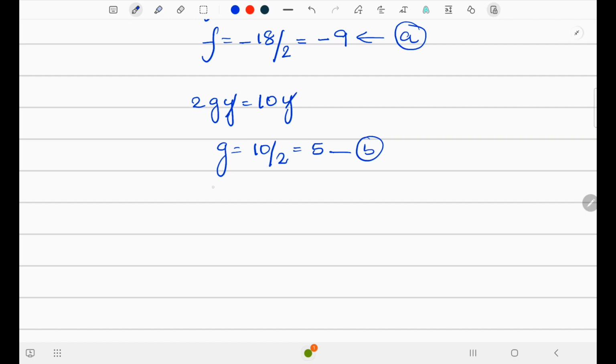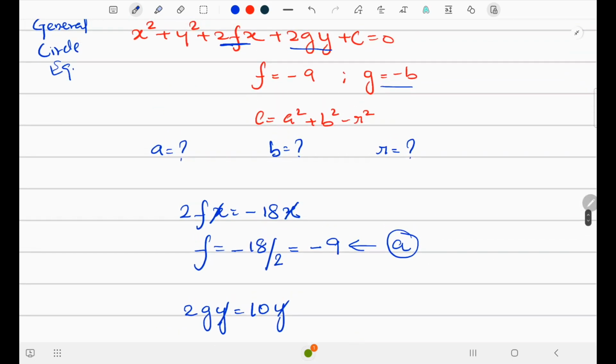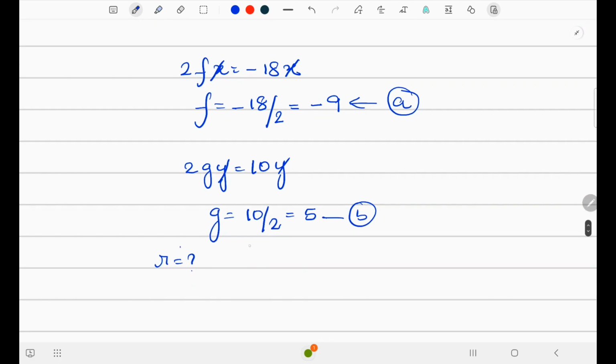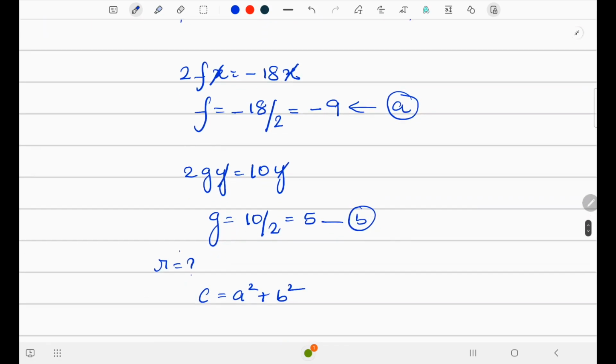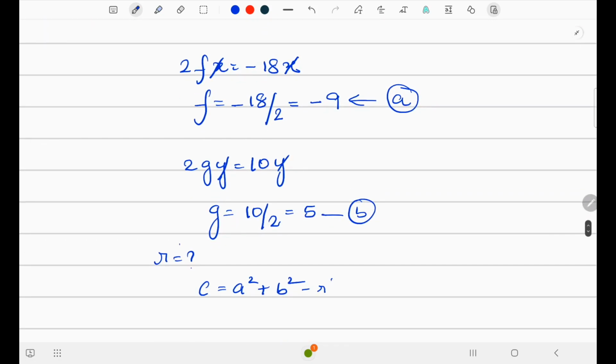Now, what is r square? Sorry, we need to find the radius r. We need to find the radius r equal to what? Already we know c from this equation. c equals a square plus b square minus r square.